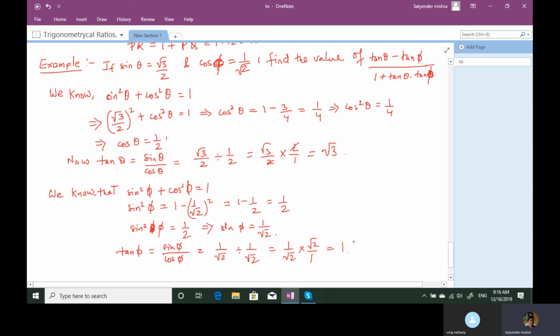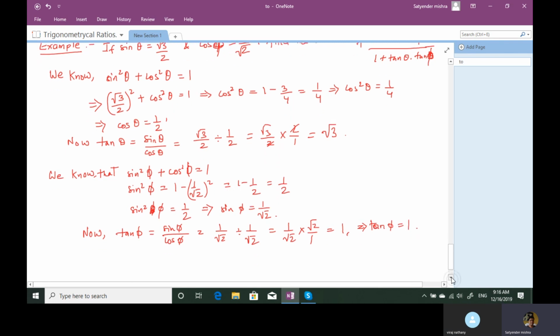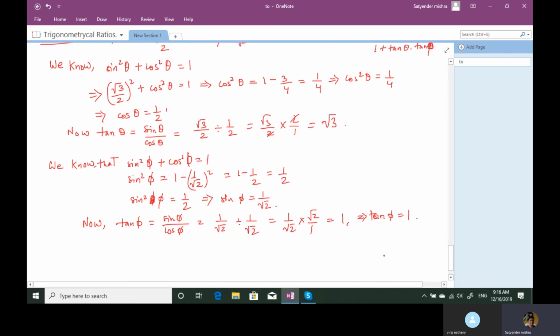So tan phi is equal to 1. So now we can find out the value of the sum.